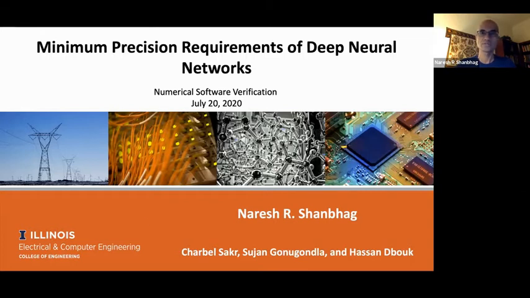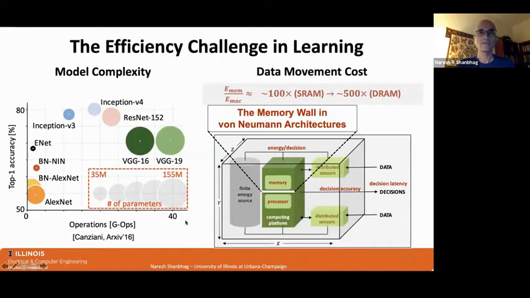So moving on to the next slide, I want to begin by pointing out the efficiency challenges in deep learning systems. And again, this is something you all know quite well: to get high accuracy, we tend to go for more complex networks.